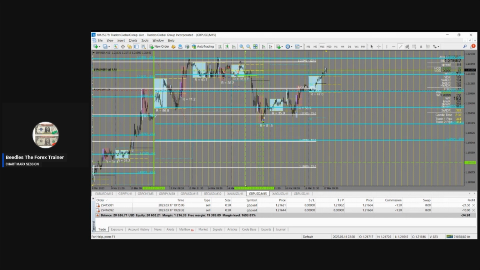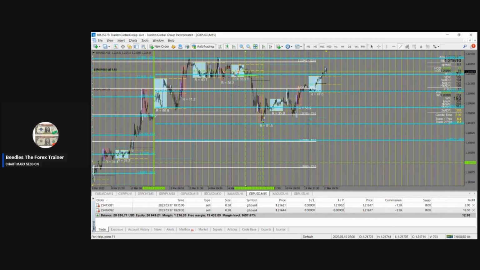And so our high probability trade comes in the way of price moving back from this Asia level right here, price moving back into a level of resistance. This structure right here is giving us a lot of confidence in regards to a resistance level.